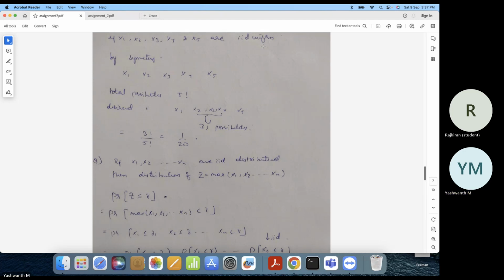Again, because x5 has to be the maximum, you may want to write this as x5 is greater than x2, x5 is greater than x3, x5 is greater than x4. So you may want to find this joint intersection probability.